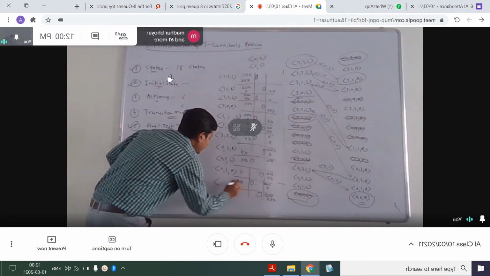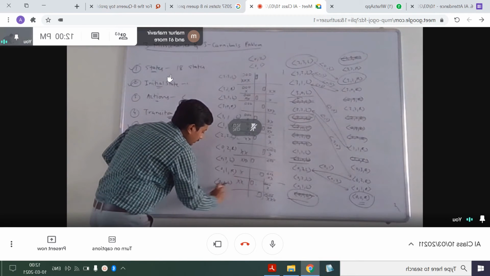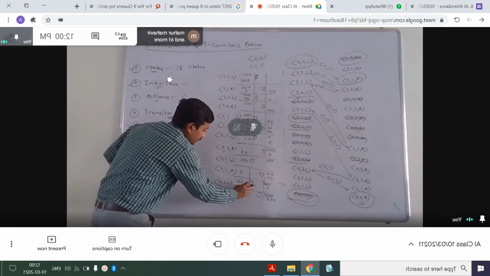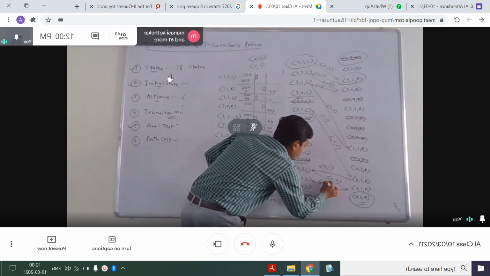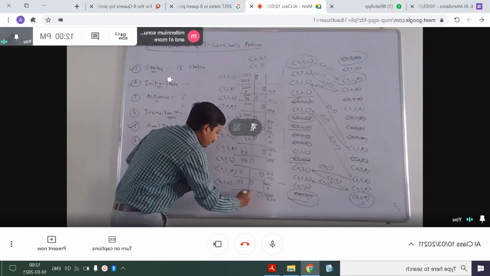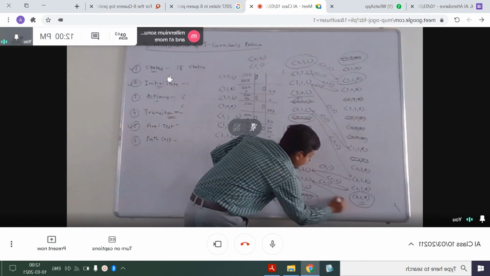Now the state is 0 2 L. And finally 2 are moving, so 0 0 R.